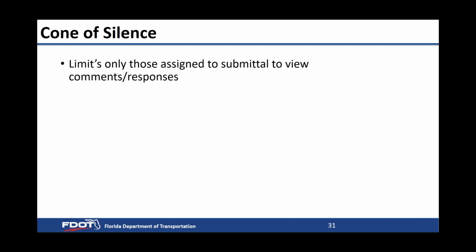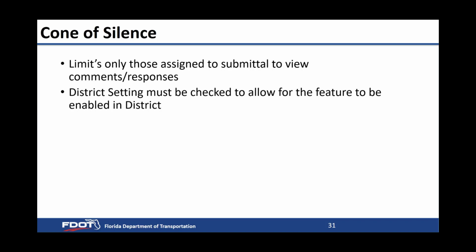And that box can be checked and unchecked by the district admins, the in-house project managers. So what it does is it limits only those assigned to the submittal to review the comments and responses until that box is unchecked. Say once they release the RFP, then the project manager or the district admin could go in, uncheck that box because it's already released to the public.